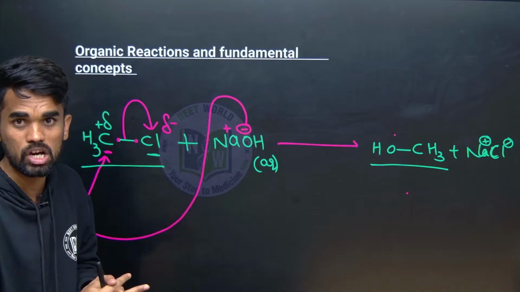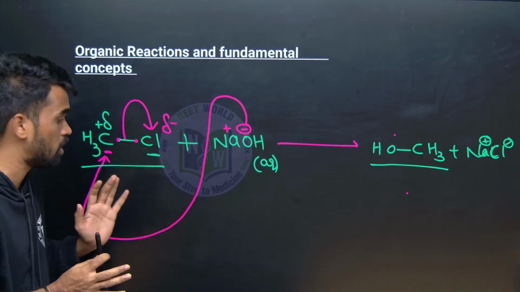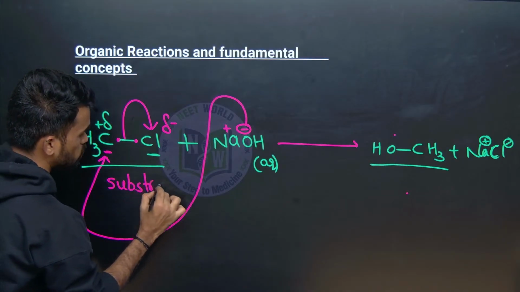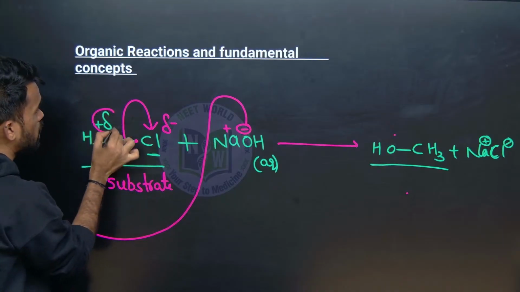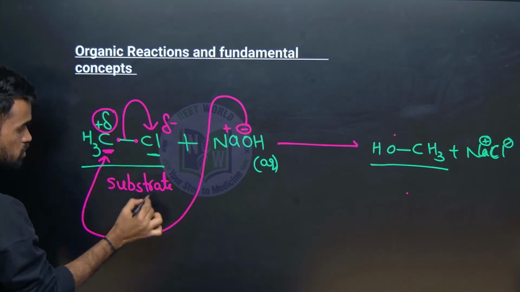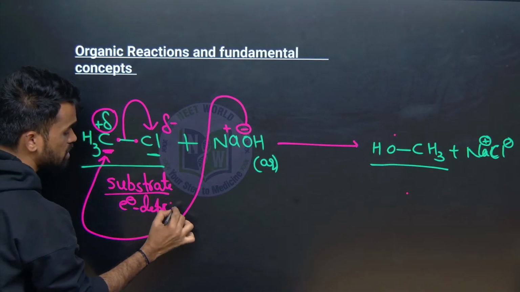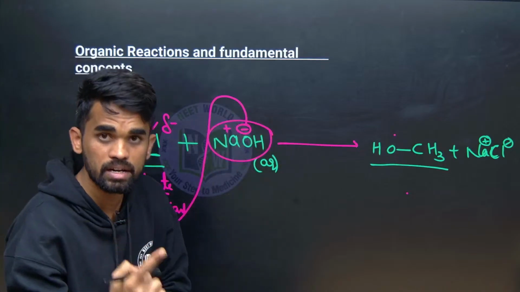Now, what is the substrate and what is the reagent here? This is the substrate, and it is electron deficient. So I can say the substrate is the electron deficient site. If it is electron deficient, then our attacking reagent must be electron rich, right?